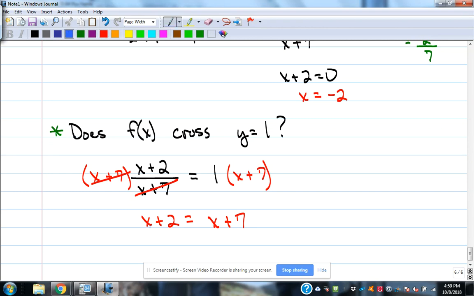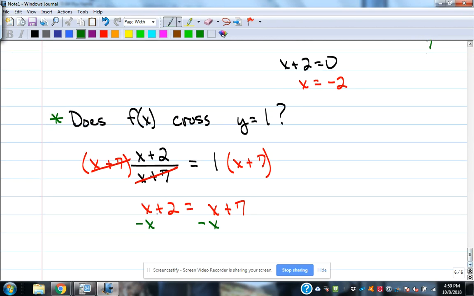And if I go to solve that and I subtract x, what happens to the x's? They disappear. Does 2 ever equal 7? Never, ever will 2 equal 7. Okay? So this is false. So does it cross y equals 1? No.